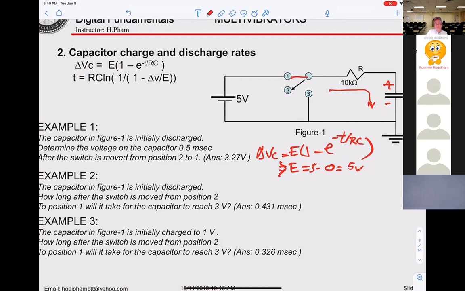Zero current? Perfect, 0. The thing is, on both sides of the resistor you get the same 5 volt. Yeah, that's perfect.